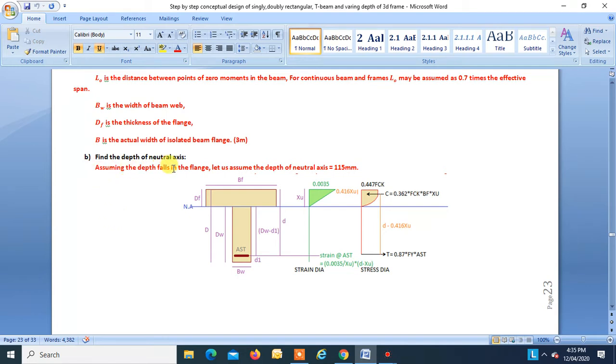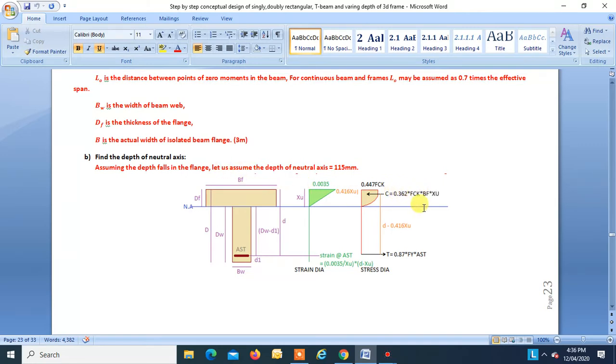So assuming the depth falls in the flange, let us assume the depth of the neutral axis equal to 115 mm. We are assuming the neutral axis is at the bottom of the flange, and XU is equal to DF. So this is our strain diagram, this is our stress diagram, this is C, that is equal to 0.362 FCK BF into XU.